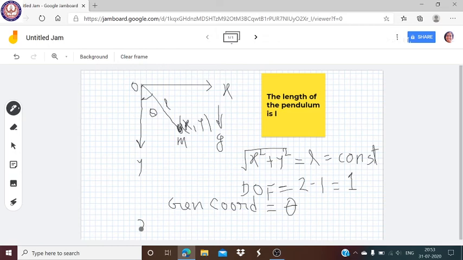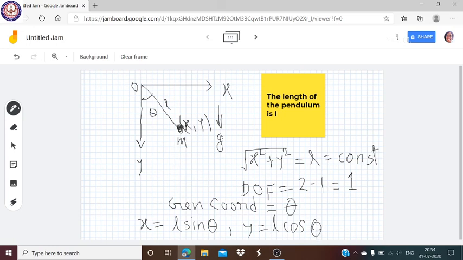Applying the laws of vectors, x will be L sine theta and y will be L cos theta.